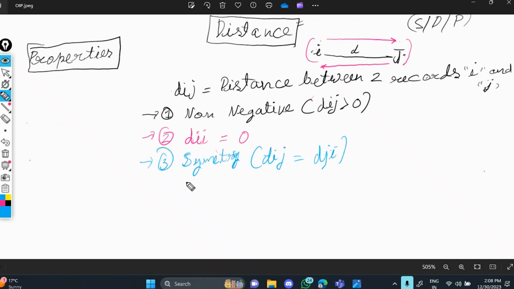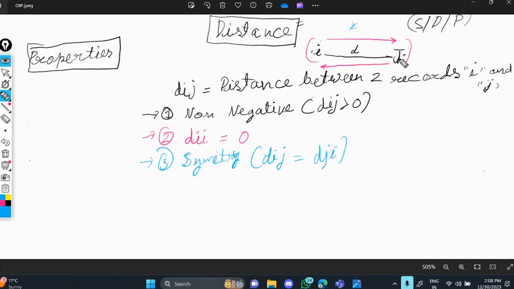It is also possible that if we are talking about two different records and they have some distance, if we try to calculate the distance from i to j, that is some number, let's assume x.